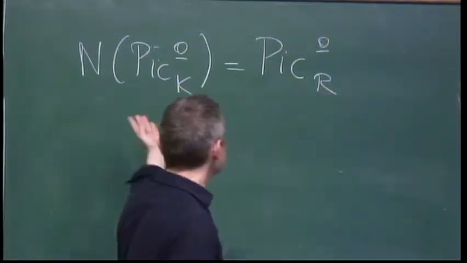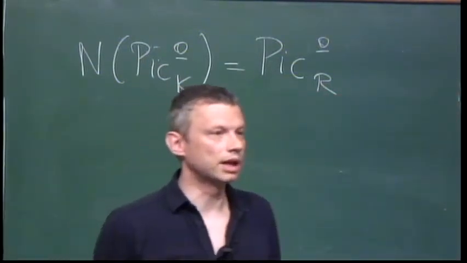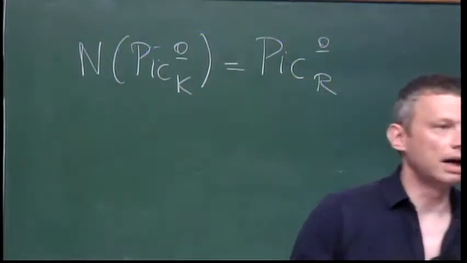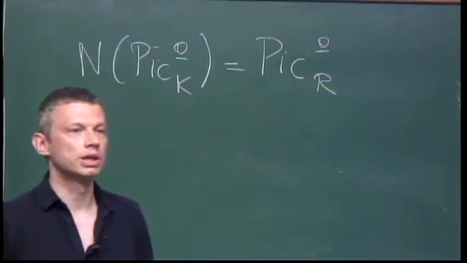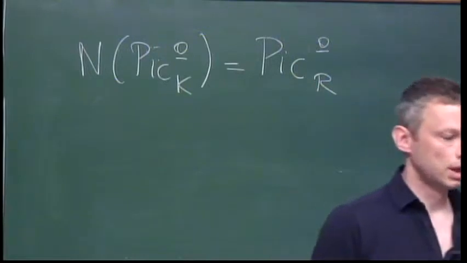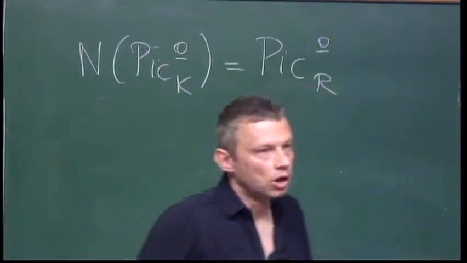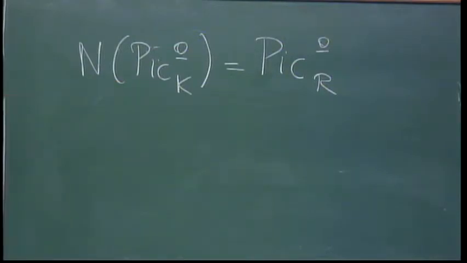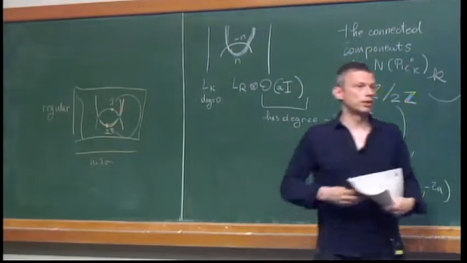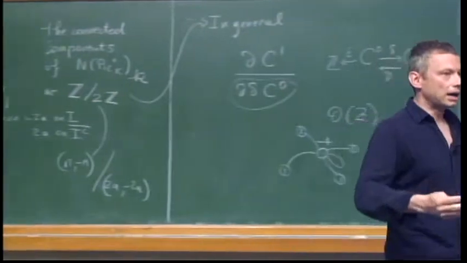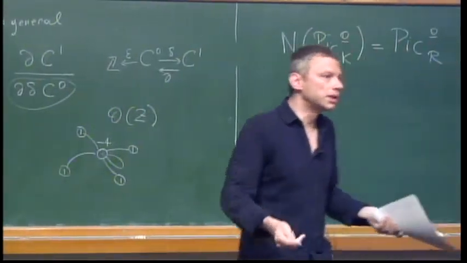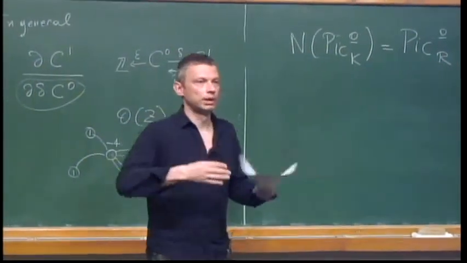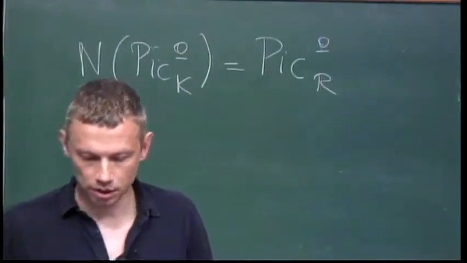Everybody knows that Néron models are not represented by Picard schemes, okay? But I will give a setup in which this turns out to be true. And the advantage of this is that hopefully it will shed some light on this kind of problems that we saw before. Because if you realize the Néron model by a functor which is nicely behaved, then you maybe have some hope to carry out this construction globally.